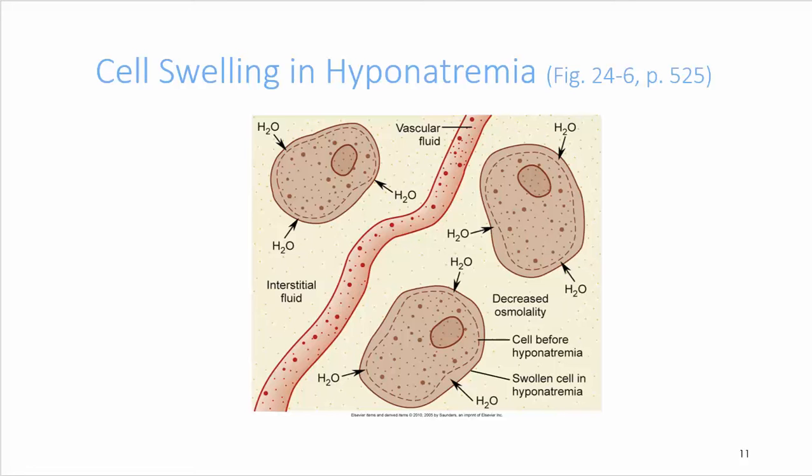People get confusion. Nervous system things don't work. They go into seizures because skeletal muscles don't work properly. They can end up in a coma. What happens here is, as the osmolality decreases, there's a decreased concentration of sodium outside the cell. It moves the resting membrane potential of the excitable cells, of neurons and muscles, closer to threshold, and so they will fire with less stimulus.